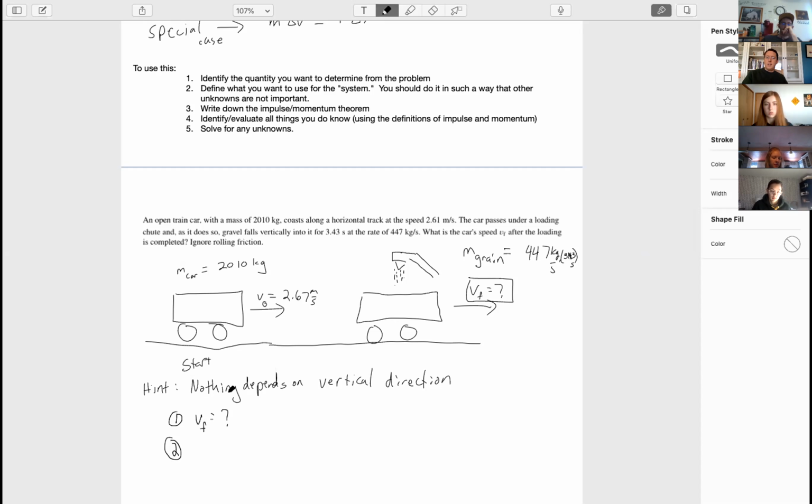That final velocity, that number that I'm trying to find, would be the final velocity of the train, right? But it's also the final velocity of the grain, the stuff that falls, because they land and kind of stick together, right? So that final velocity is the final velocity of both car and the grain.